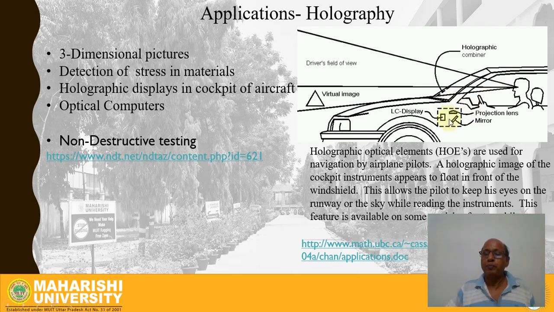Now one question you may ask is, will this information available on the cockpit windscreen distract the driver's attention because he will see other objects also in this direction? So no, because a color code can be chosen for this image which has the least probability of being in front of the pilot or the driver.